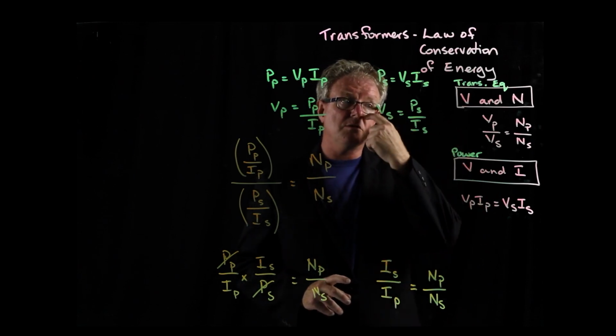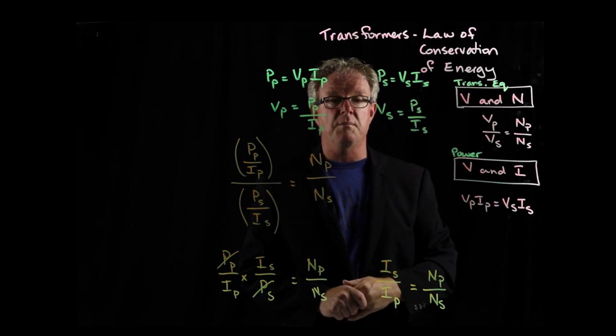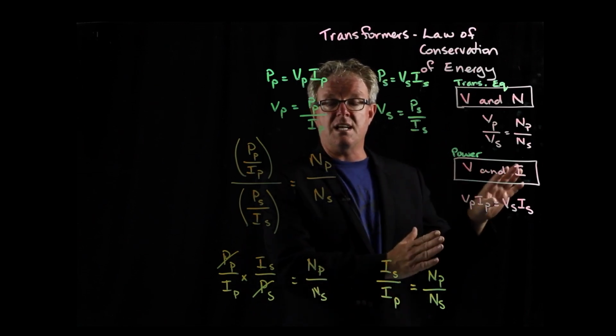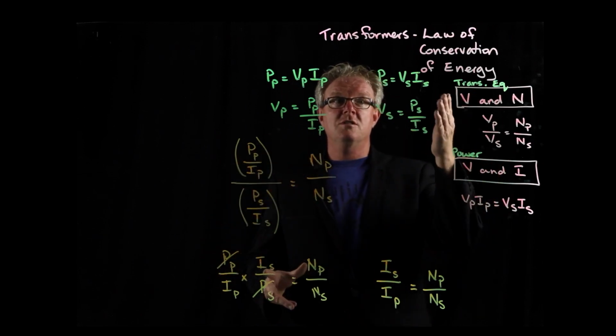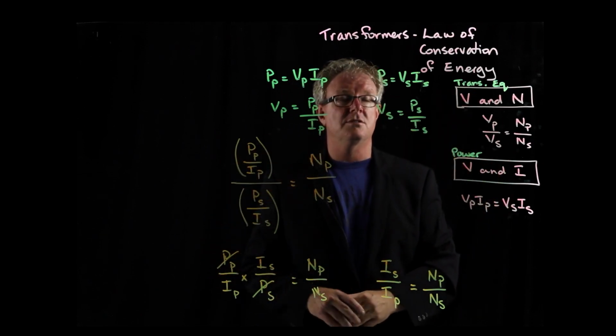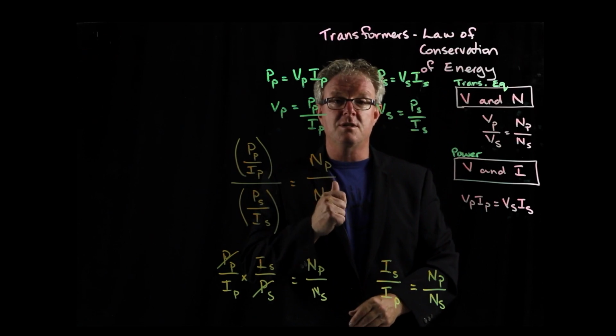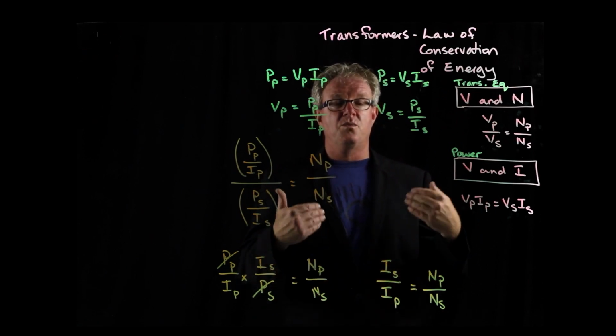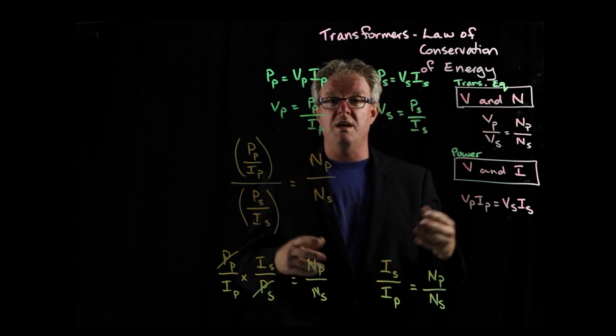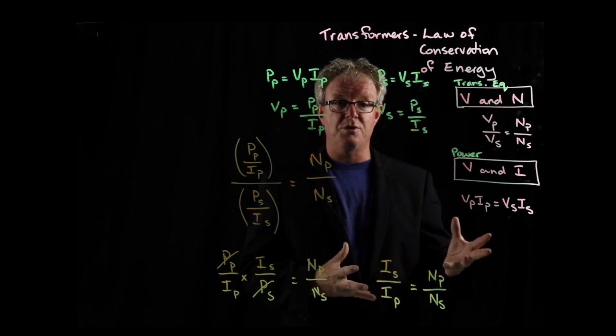So as you increase the voltage, you decrease the current that's coming out of the secondary coil. And of course this is all assuming ideal conditions, and we're going to find out in a second that with real transformers we have lots of energy losses. It's not as pretty as this.